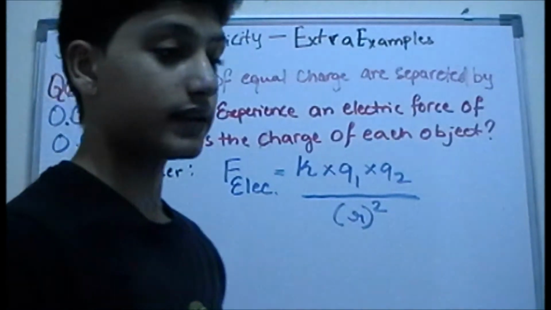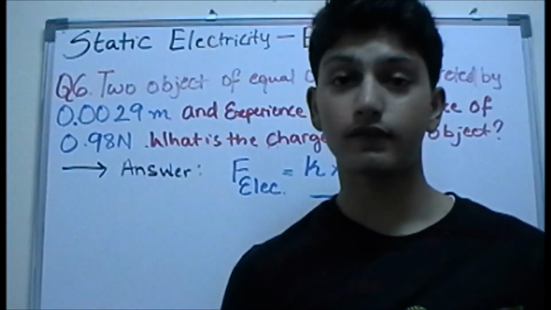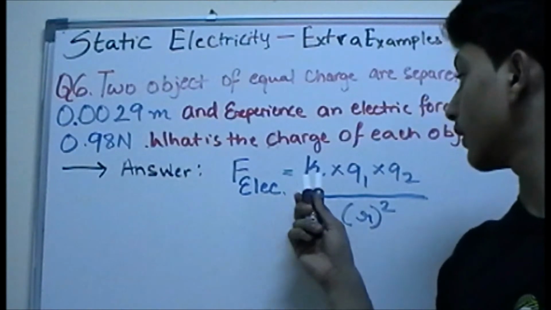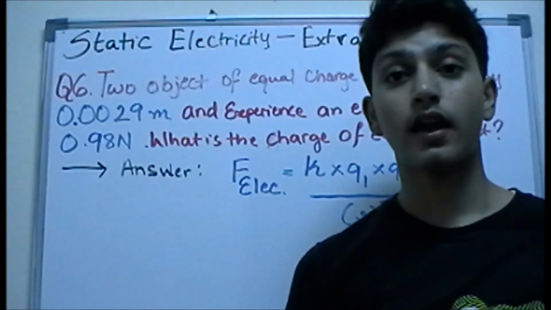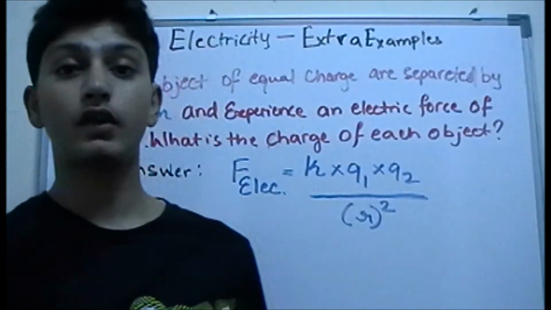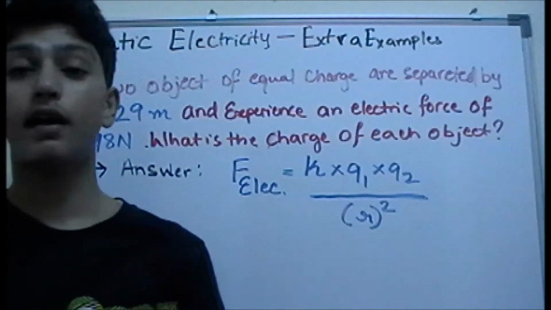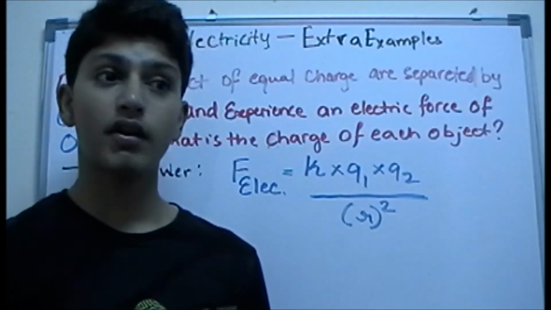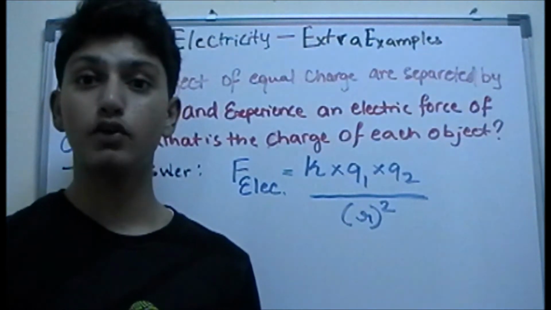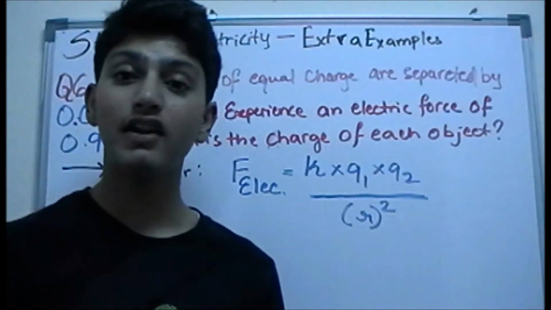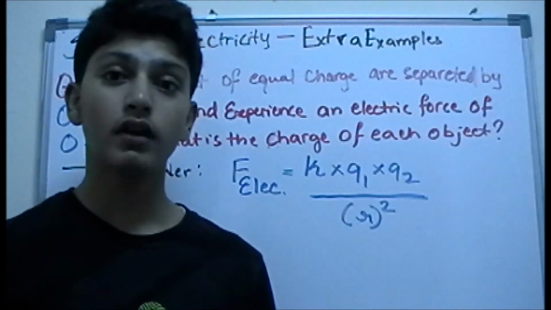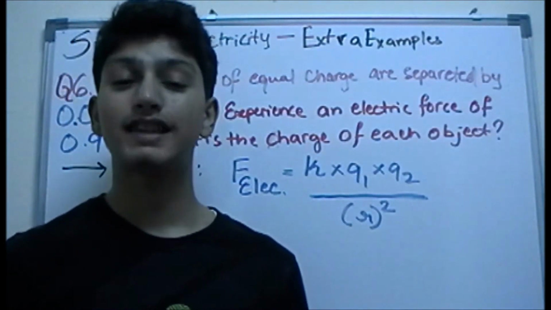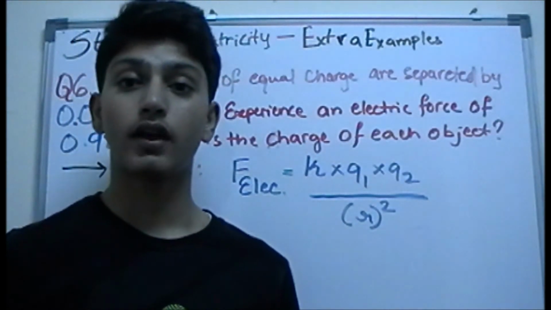Now in our section on static electricity, we taught that K is a constant, and because it's constant, it has the same value that you will write for each and every problem where you need to use this. The value for K, I'm just going to tell you, is 9.0 times 10 raised to the 9th.